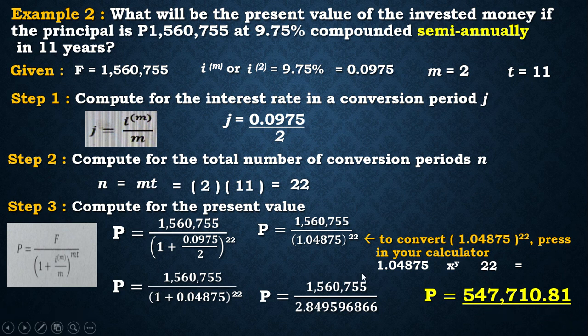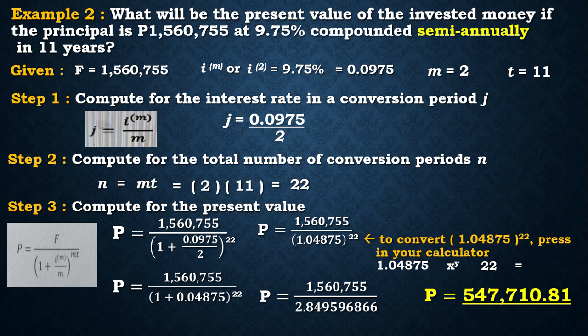I-divide po natin itong part na to. P is equal to 1,560,755 divided by 2.849596866. Kaya lumabas po itong ating answer na P is equal to 547,710.81. Those are the procedures on example number 2.